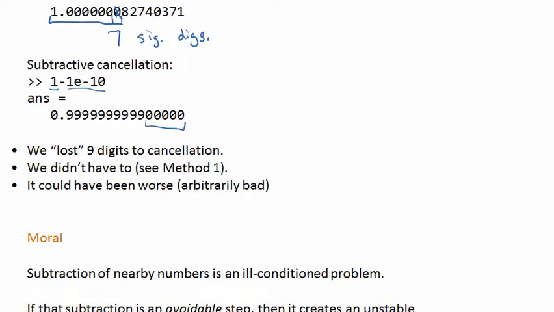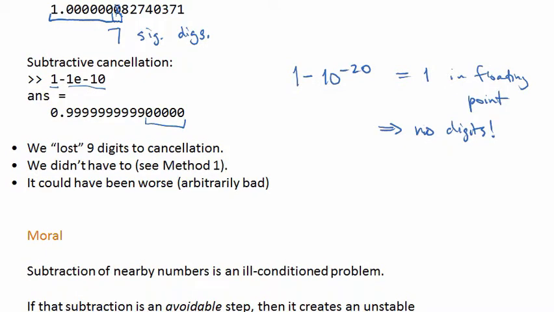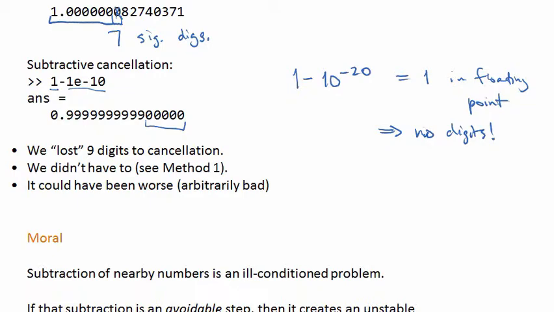If I had chosen, instead of 10 to the minus 10, for example, 1 minus 10 to the minus 20, there is no floating point number which is that close to 1, so that would actually equal 1 in floating point. We would have gotten an answer that had no accurate digits at all. So depending on which algorithm we choose, we could either get the answer exactly right or catastrophically wrong.